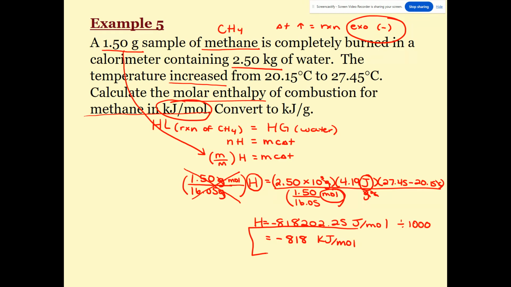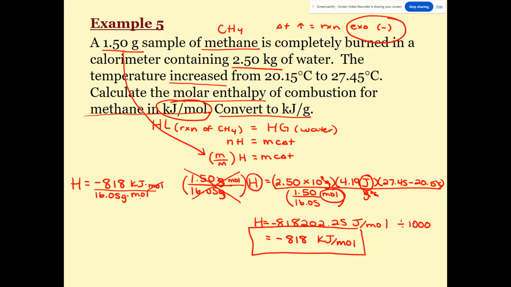For our first answer, it then is asking us to convert it to kilojoules per gram. So all we need to do is take our answer. Our H was negative 818 kilojoules per mole, and I need to divide by the molar mass. So on the bottom here, I'll have 16.05 grams per mole on the top.